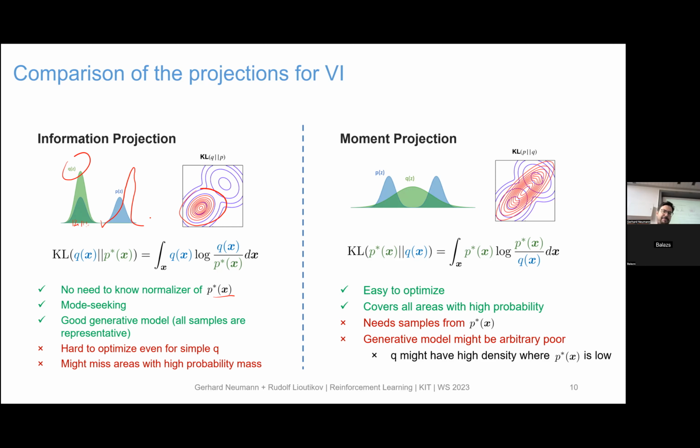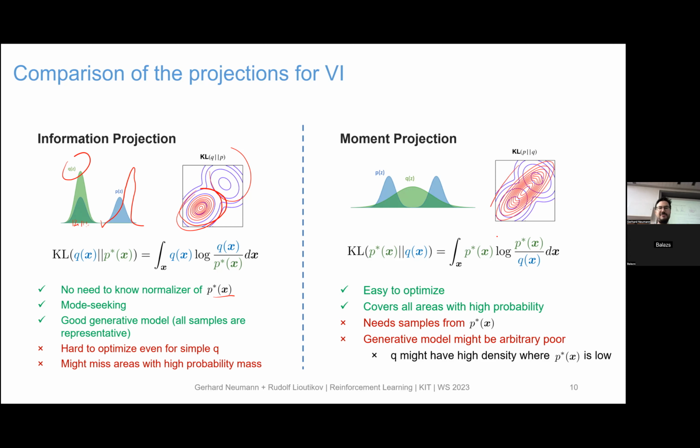If you, for example, now would think, okay, the blue lines in this plot are not my log density of the target distribution. Maybe it's a reward function. Then I would argue this one is better because we find one solution where the reward is high. We don't care about the other solution.